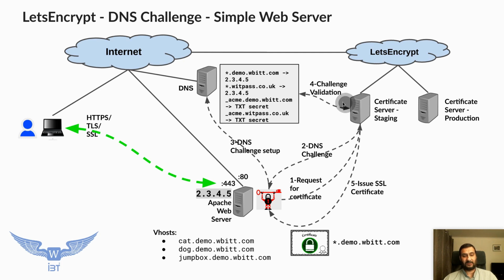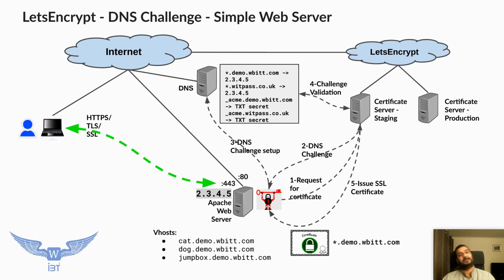The certificate server then simply tries to dig the txt record, to pull this txt record from the domain zone information by just using any DNS in the world. It doesn't necessarily have to talk to this particular DNS server. So it just pulls that information and tries to get the txt record.